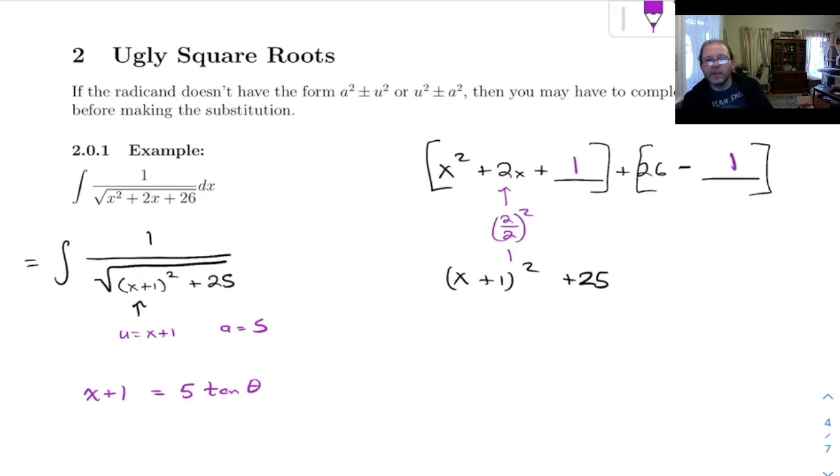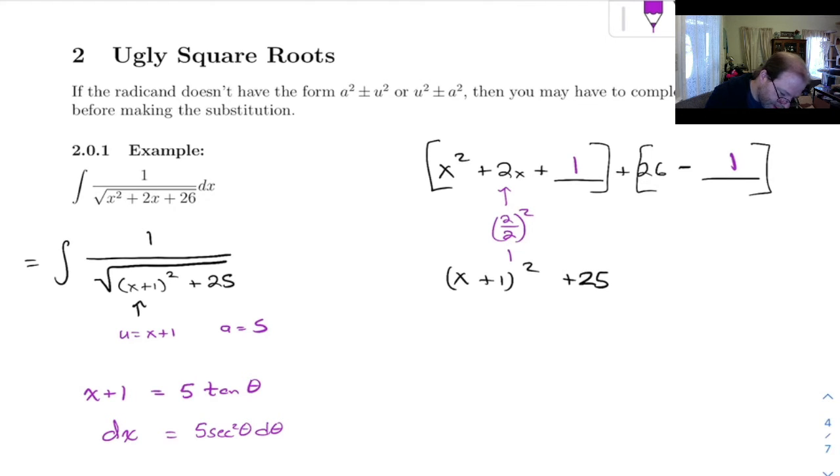All right, and from here on out, it's just like the other problems. The differential of this: the derivative of x plus 1 is just 1, so you get 1 dx. The derivative of 5 tan theta is 5 secant squared theta d theta.